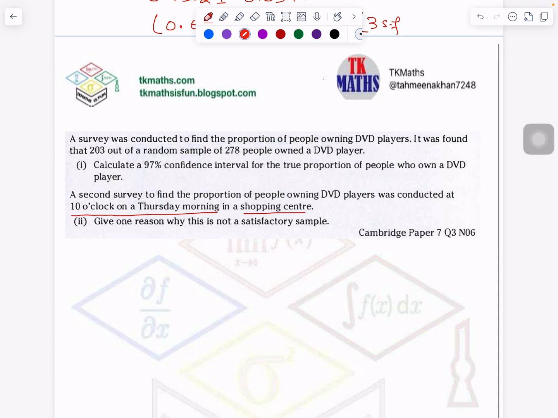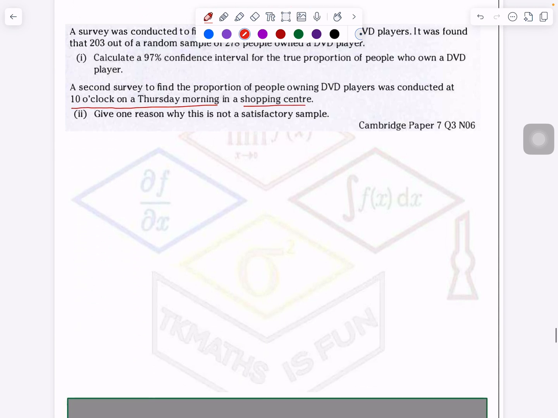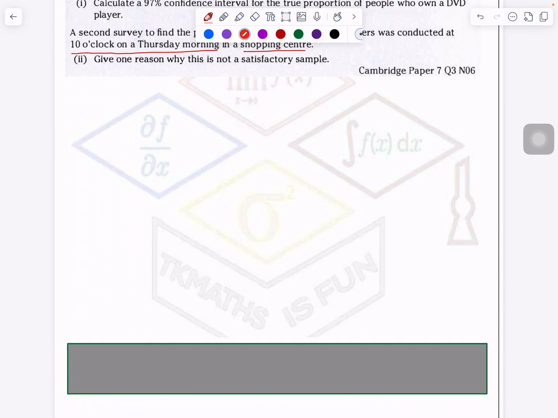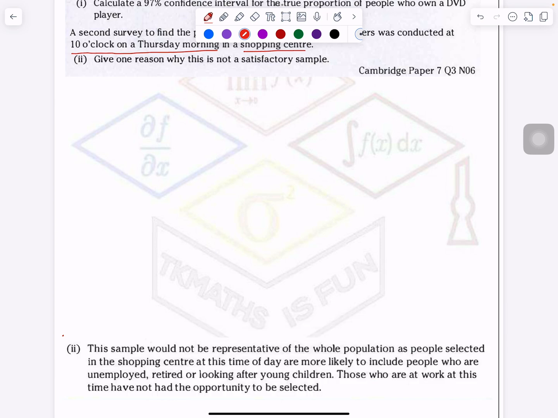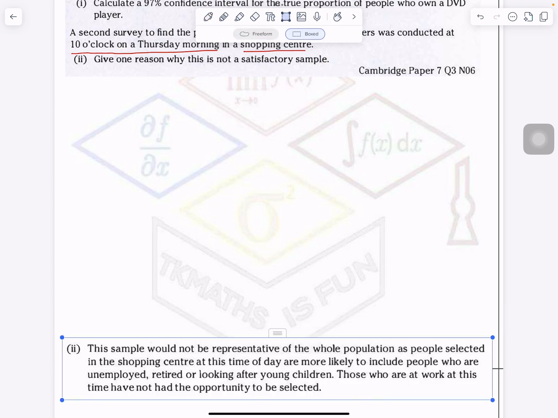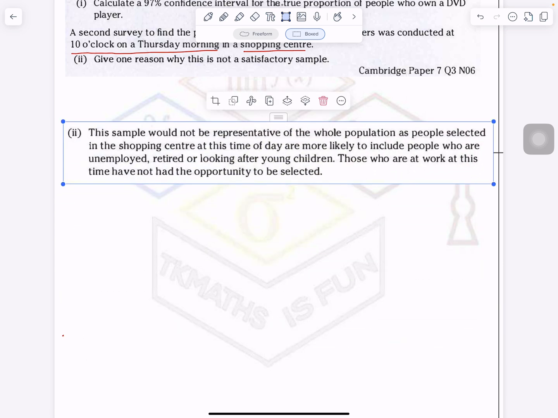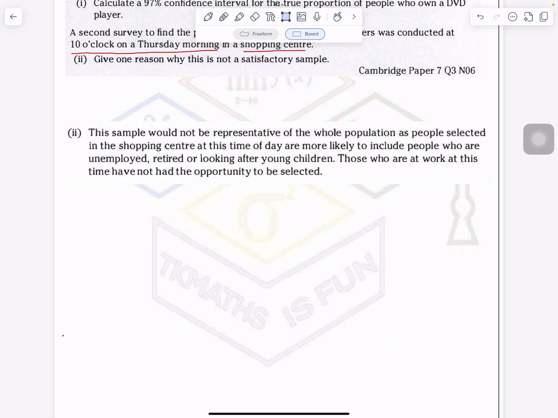And only people who are visiting that shopping center. So you can write any one of these reasons. Mostly these questions are of 1 or 2 marks. I wrote it down here because verbally at times students are not satisfied, so you can see here.